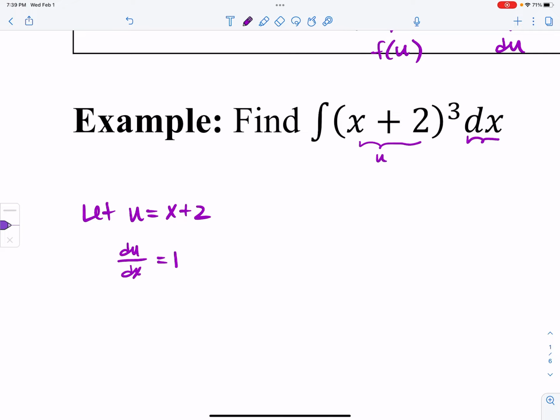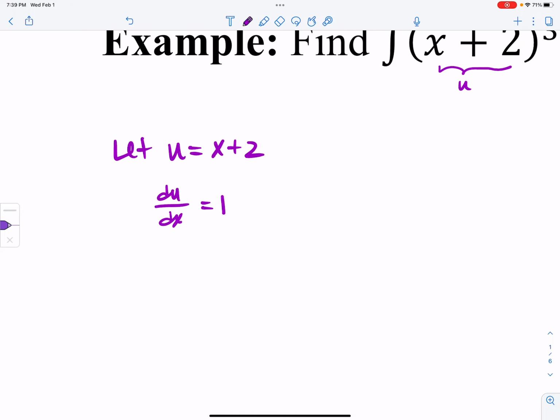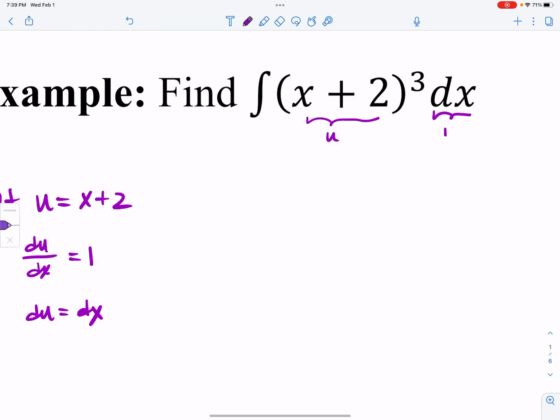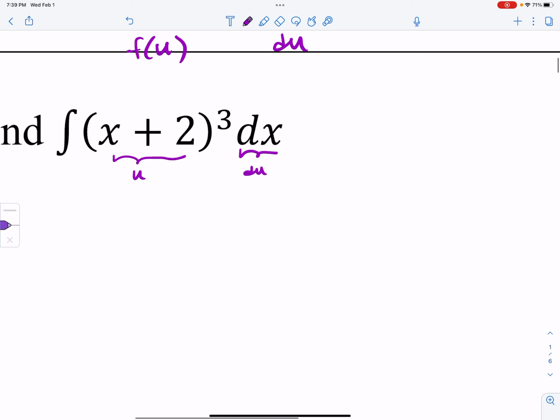And notice that if I go to this equation, if I were to think about multiplying dx on each side, we end up with du is equal to dx. So we're actually able to just replace the dx with du. So this integral is equal, based on my side work, to the integral of u cubed du.